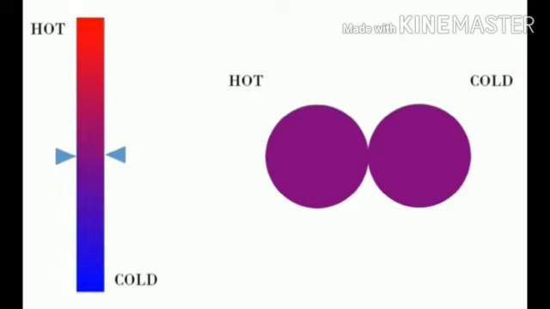So students, what can we observe from here? The heat transfers from the object which has higher temperature to the object which is at lower temperature, that is, the cold object. Now by looking at these two experiments, we can conclude that charge flows from a point which is at higher potential to a point which is at lower potential.